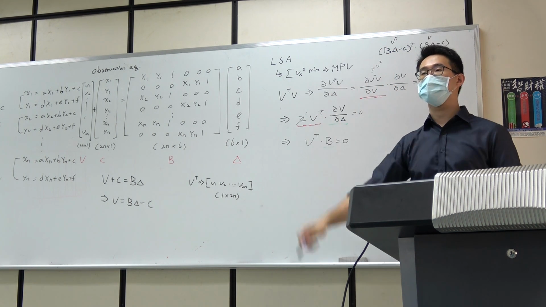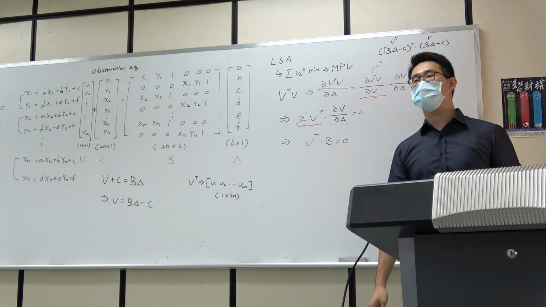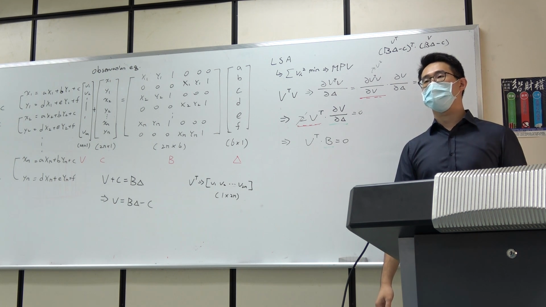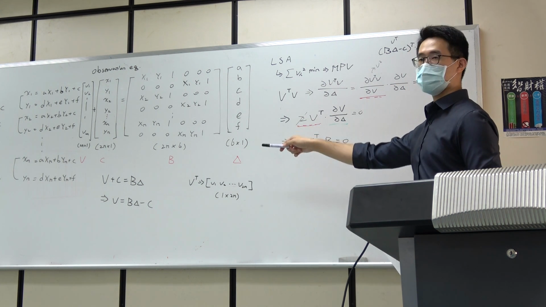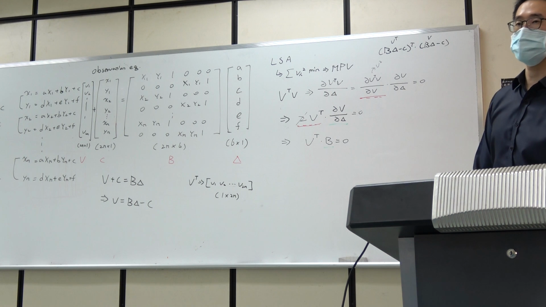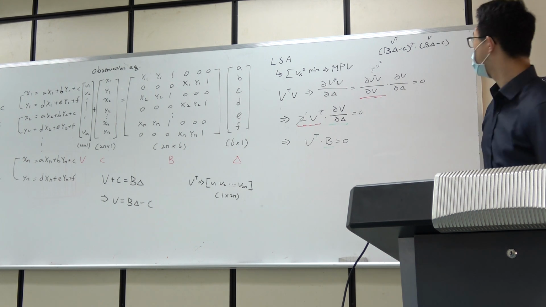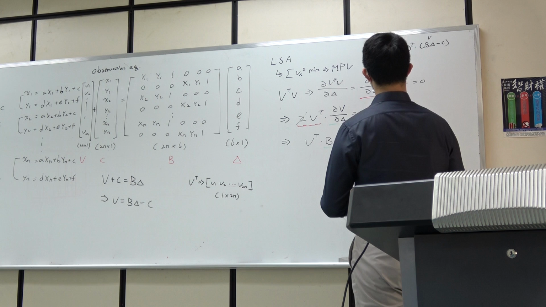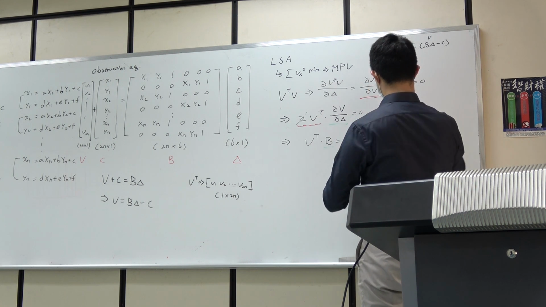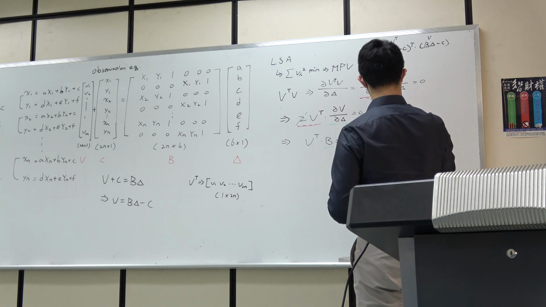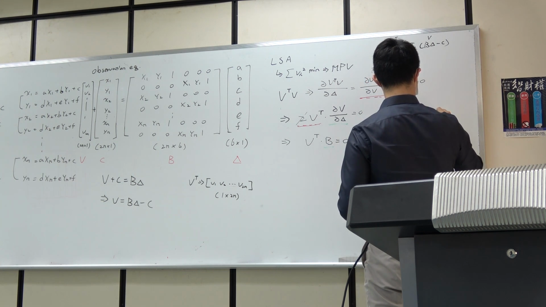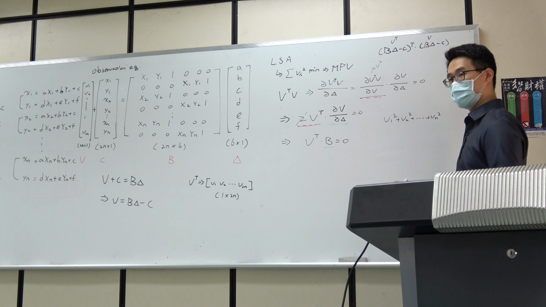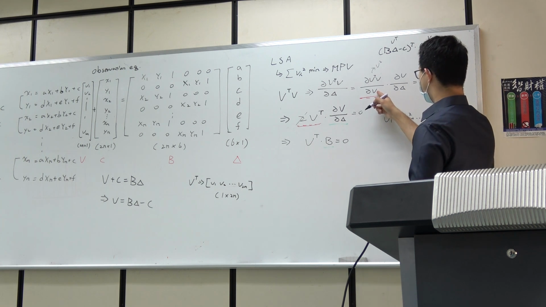Yes. Why does the b squared become b transpose? Why does this become this? Because right now it's in matrix format. As you can imagine, this one is more like b1 squared, b2 squared, up to bn squared, and we are taking the derivative on this.